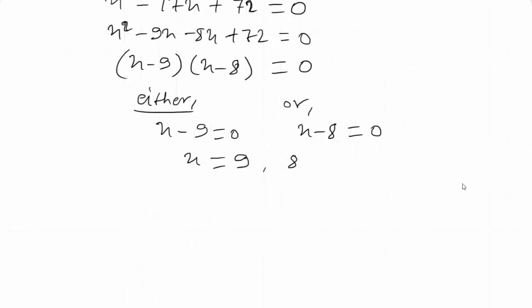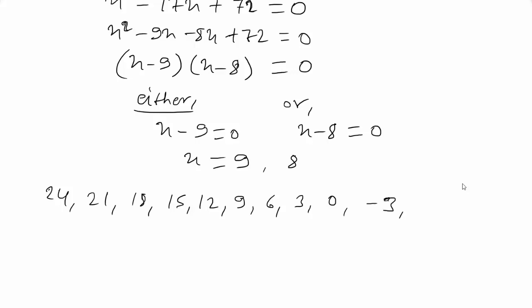What is the AP here? 24, 21, 18, 15, 12, 9, 6, 3, 0, minus 3, and so on, it will go on. Now see, this is the first term, second term, third term, fourth term, fifth, and so on.